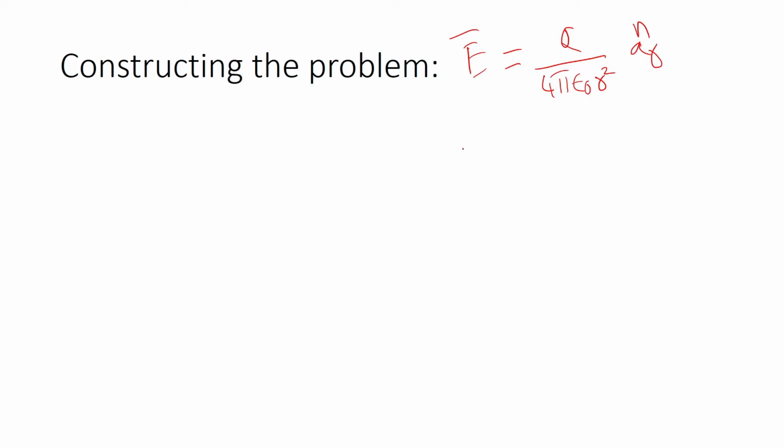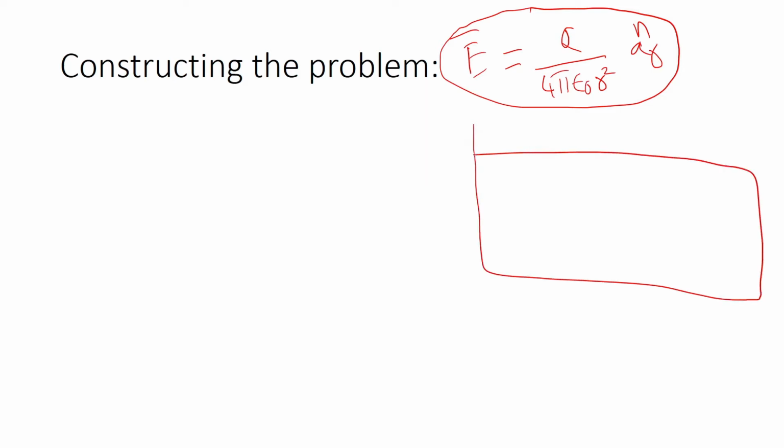This is the only expression of electric field intensity we have, and this is defined for a point source. But the problem in question is a sheet, a two-dimensional entity. So how to apply this formula to this sheet of charge?